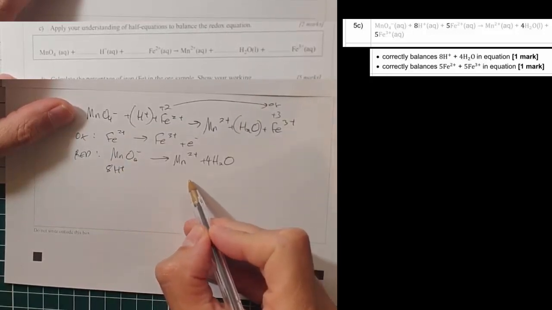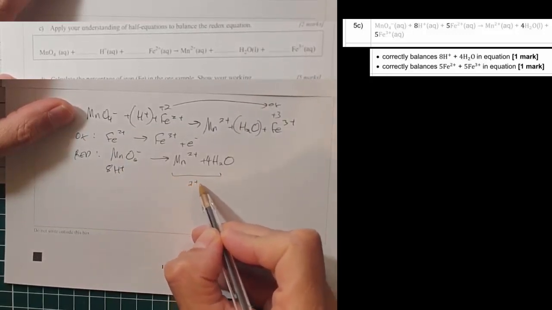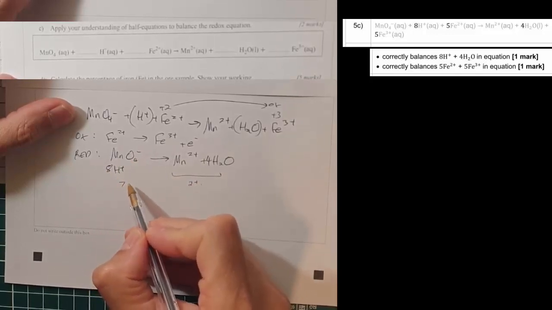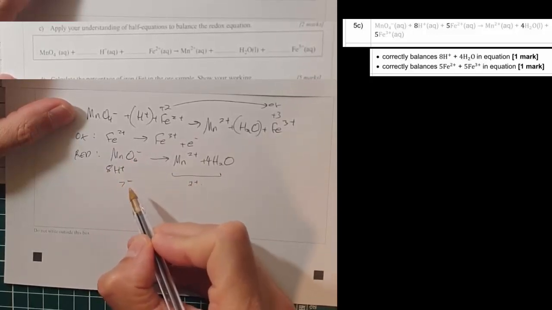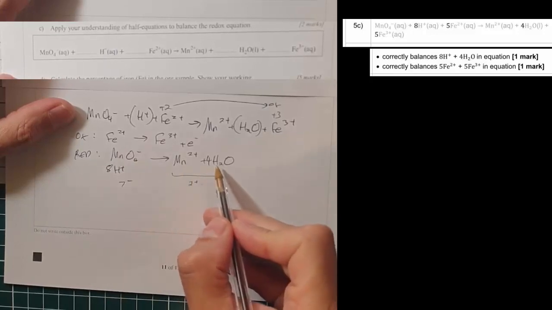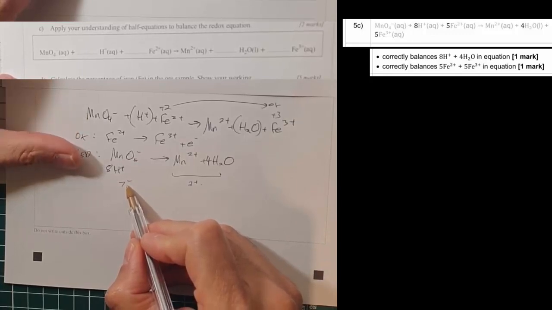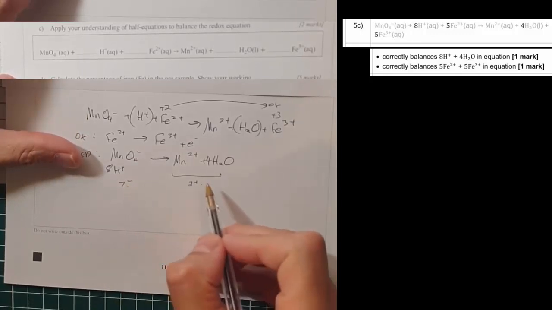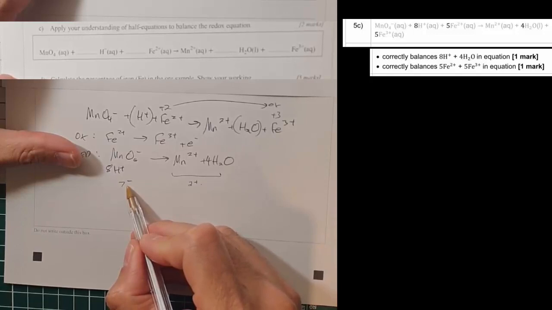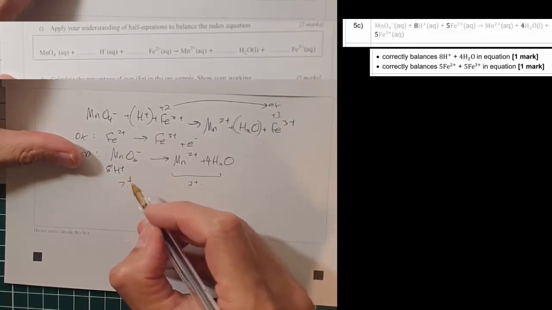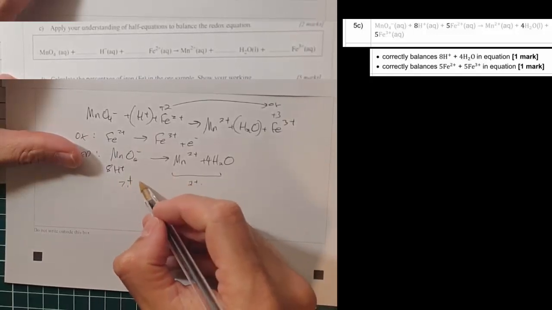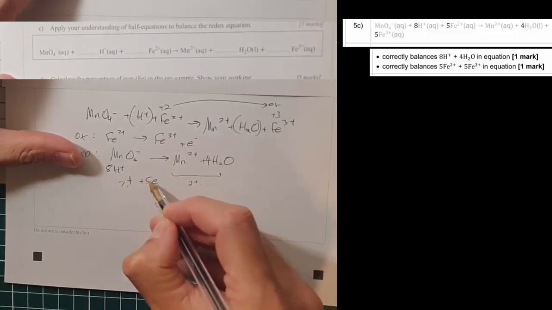That's a total of 2 plus on this side. That's a total of 7 minus on that side. Have I made any mistakes? Doesn't look like it. Looks like I need to add a weird number of electrons. Sorry, that's 7 plus. So I need to get it to 2 plus, so 5 electrons.